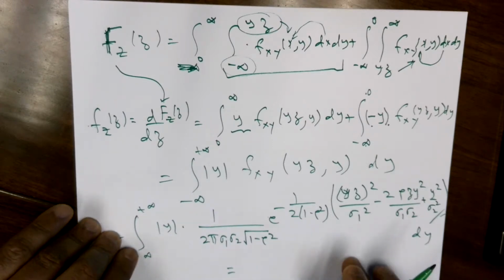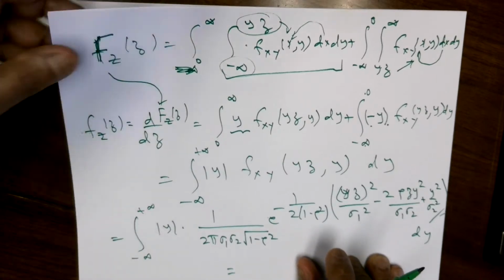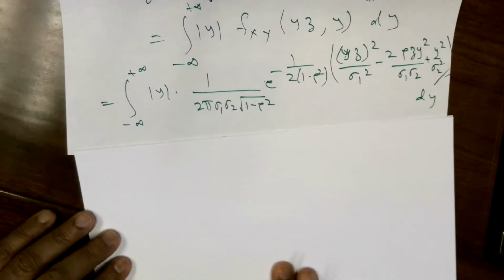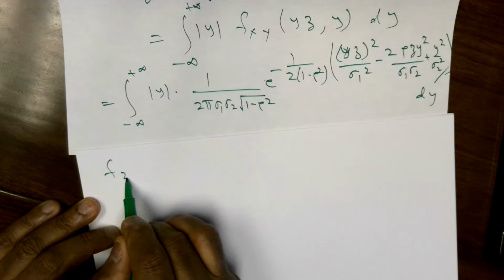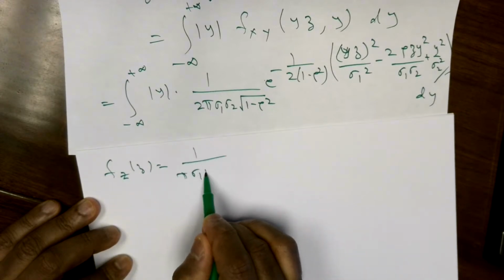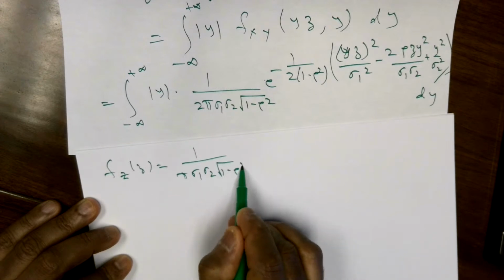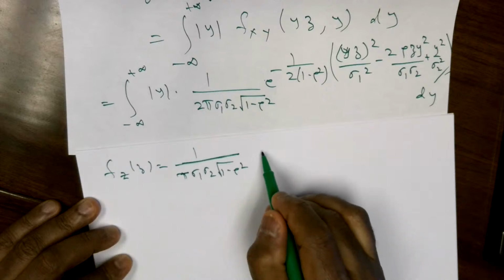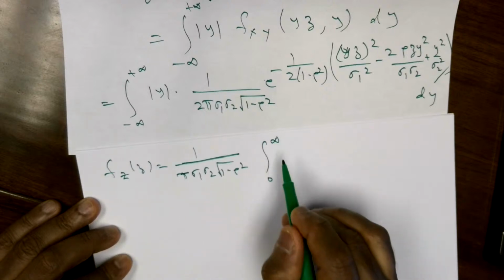So I'm going to write it as, so f_Z(z) becomes 1 over pi sigma 1 sigma 2 square root of 1 minus rho squared. This is just the constant. The 2 went away because of the cancellation. Then this becomes 0 to infinity.